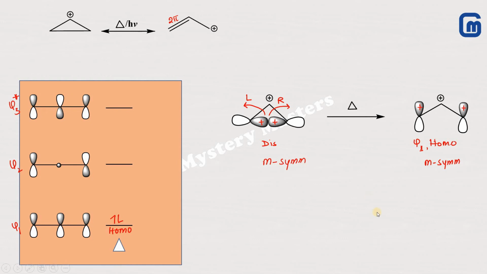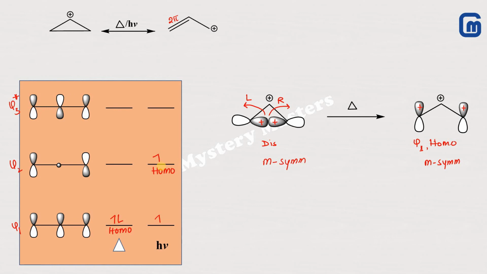Now we will see what will happen in the hν condition, or how the hν condition will show you the non-cyclized structure or ring opening reaction. In the hν condition, again these three orbitals correspond to psi1, psi2 and psi3, and the electron present at the lower energy level will be excited to the higher energy level, that is psi2, and psi2 will become our HOMO.